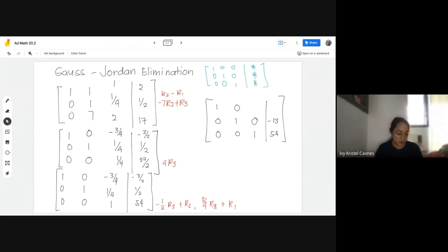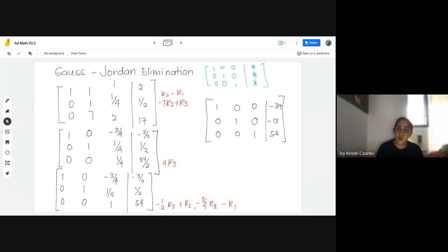Then, 3/4 R3 plus R1 will give you 0. Then, for your 54, the R3, R1 is negative 3/2. Here, you see it turned positive, so you just revert it. You will change this into, so negative of this, then negative of this, will give you negative 39.